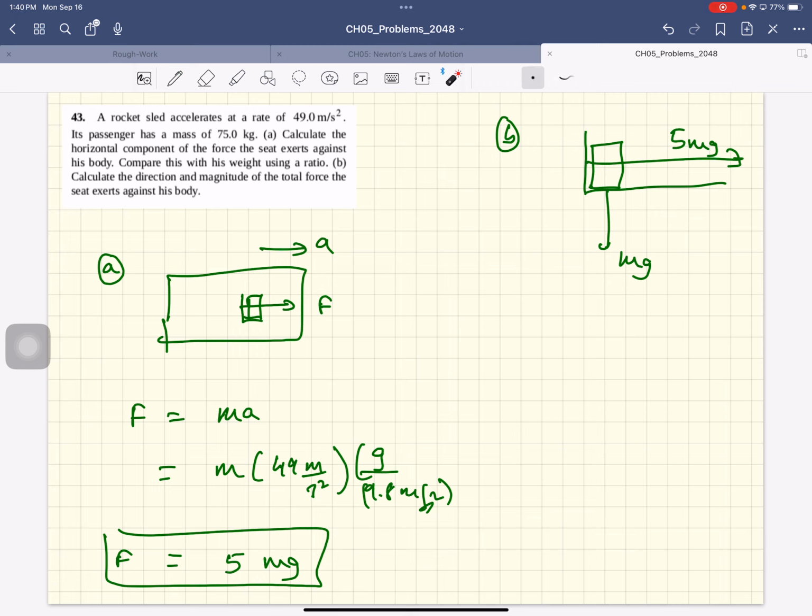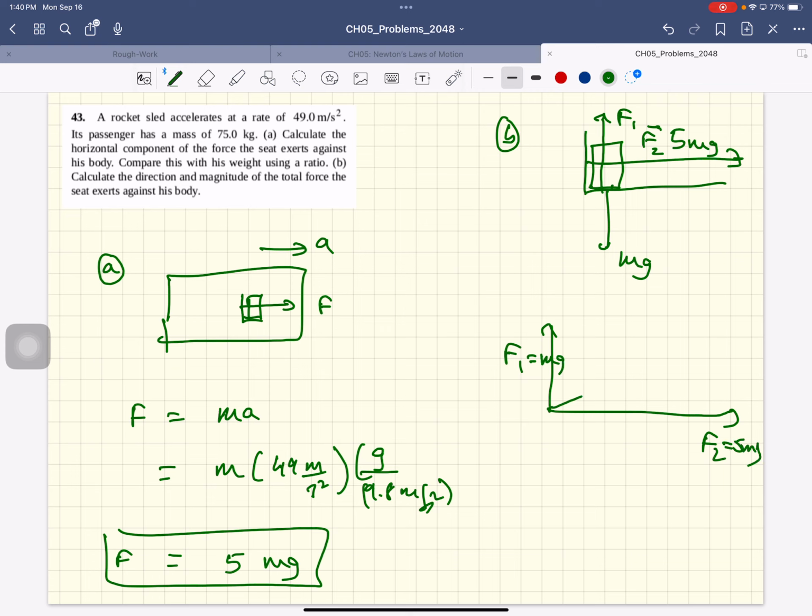So this says calculate the direction and magnitude of the total force the seat exerts on the body. Okay, so there's the force of gravity, and the force that the seat exerts is that. So F1. So the net force that the seat exerts is this plus that. And that would be the net force.